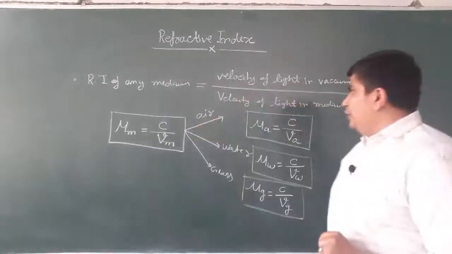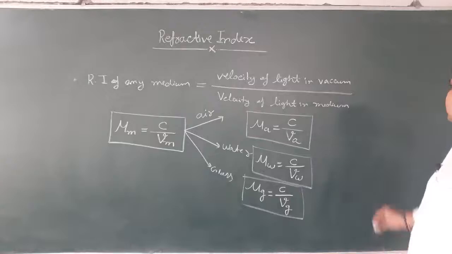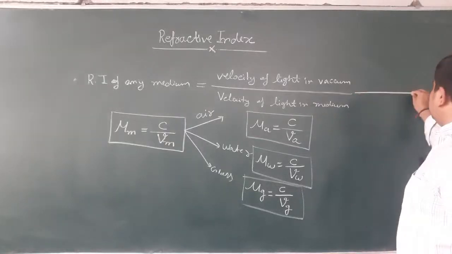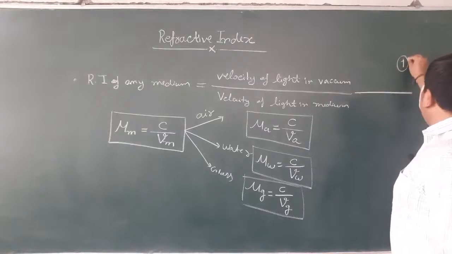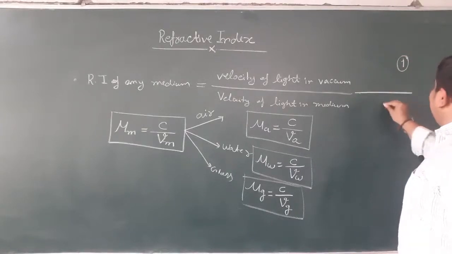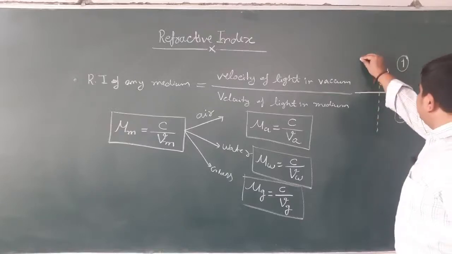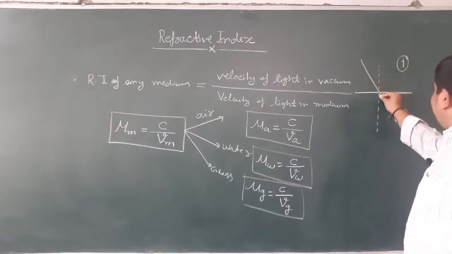Okay, so let me tell you, suppose in our case of refraction, this is medium 1 and this is medium 2, and this is our normal, and light comes from the first medium to the second medium.